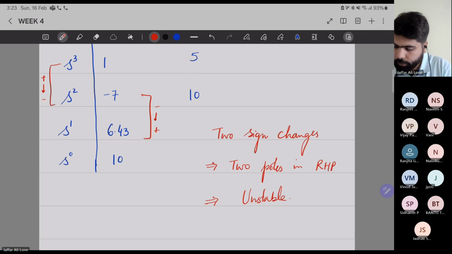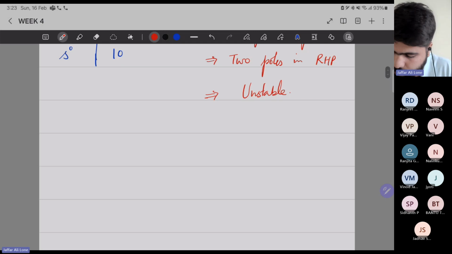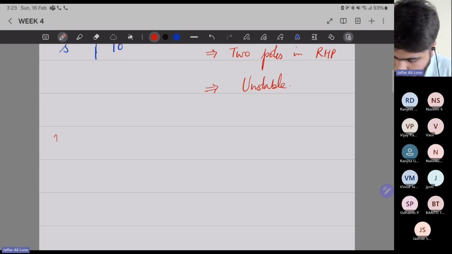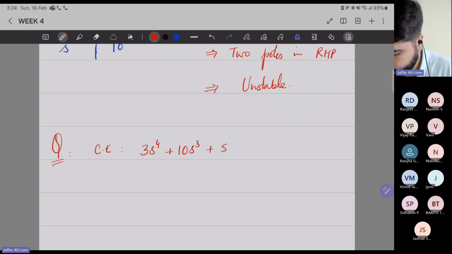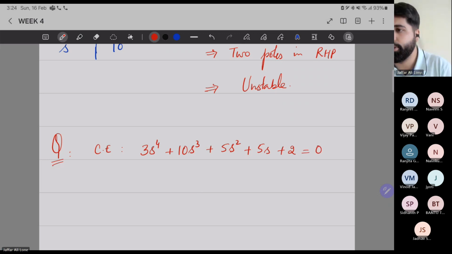Okay, if you have understood this, then let's solve this question. Consider the following characteristic equation and determine its stability: 3s^4 + 10s^3 + 5s^2 + 5s + 2 = 0.